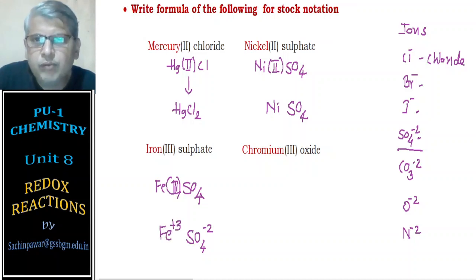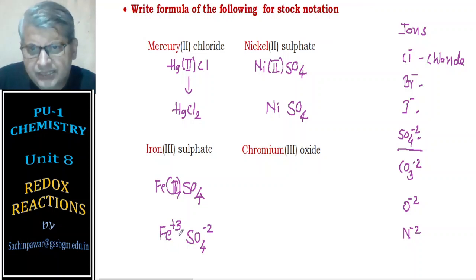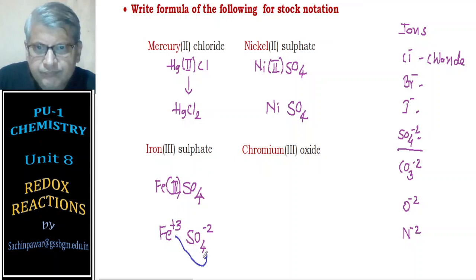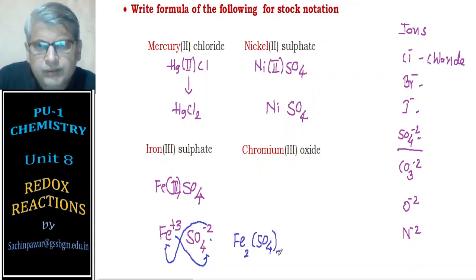So to write the formula of the compound, you have to just balance the charges. So the valency of the Fe, plus 3, bring it to the bottom of sulfate. Valency of the sulfate, bring it to the bottom of Fe, and the formula becomes Fe2(SO4)3. This is the formula of the stock notation iron 3 sulfate.